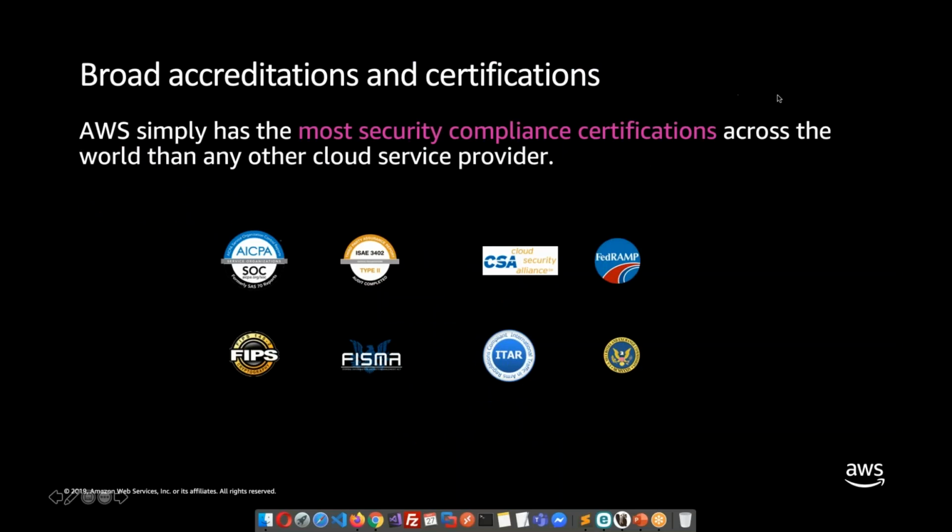AWS also has broad accreditation and certification, such as FISMA, SOC 1, FedRAMP, or even the Cloud Security Alliance. If you have a certification requirement, AWS has a service wherein you can download the compliance certificate and give it to your auditor.